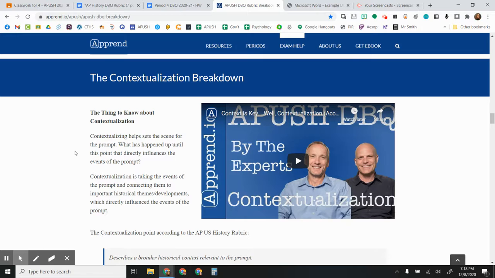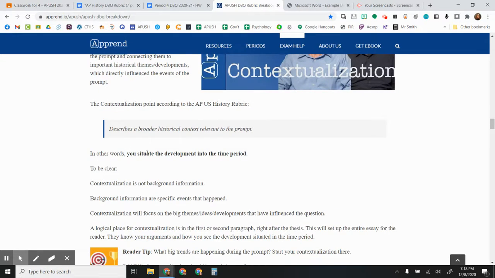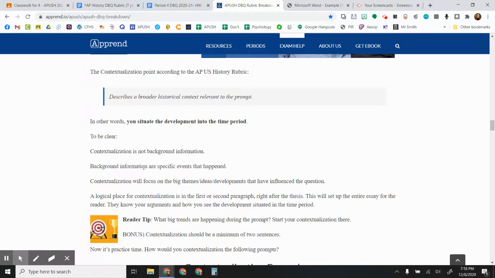For contextualization, we've talked about this before. You're situating the development into the time period. It's not background information. It is setting the stage for this is what the world looks like that these events are going to play a role in. Okay, so contextualization focuses on big themes, ideas, and developments that influence the specific question.